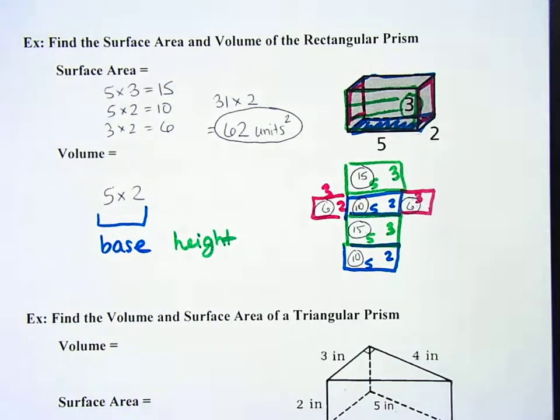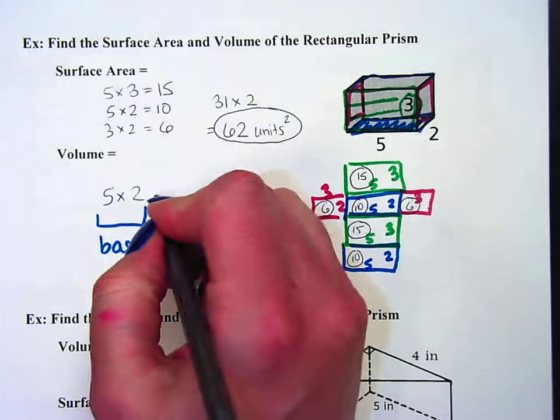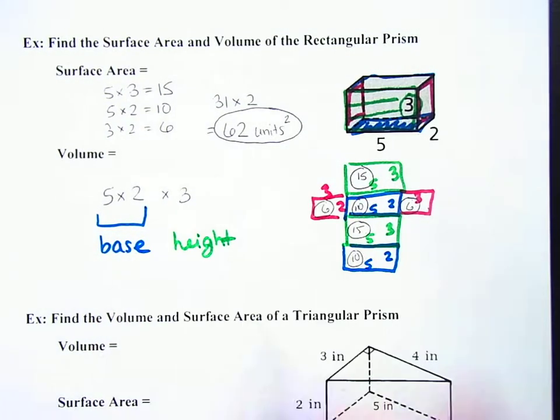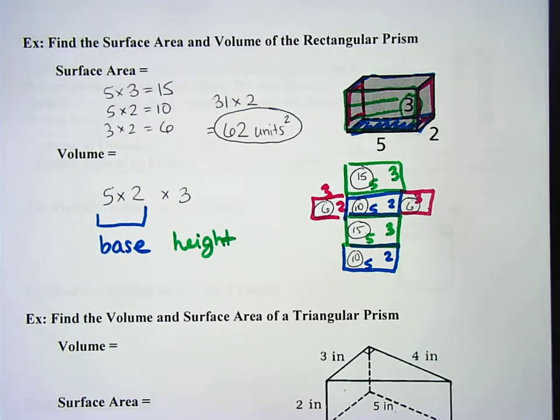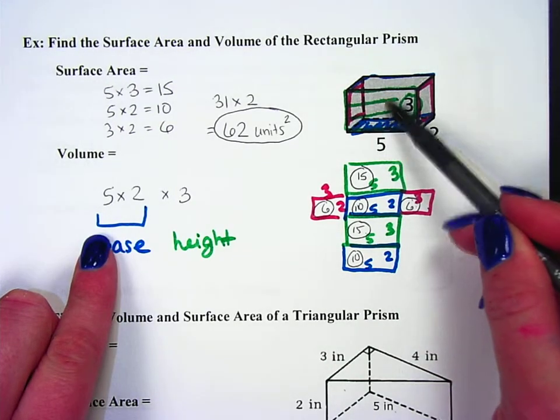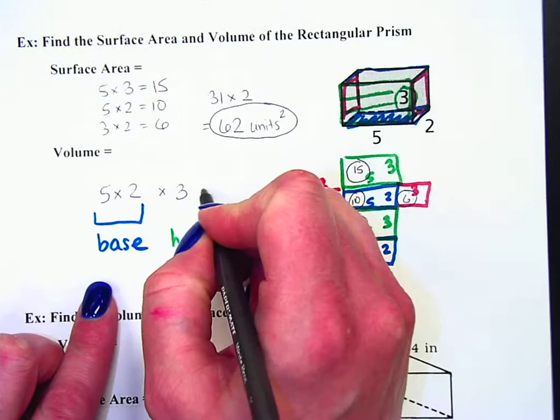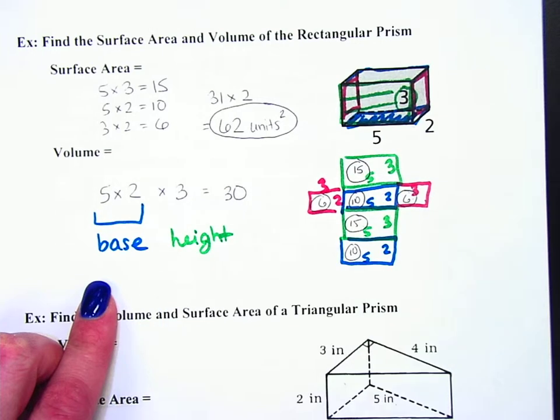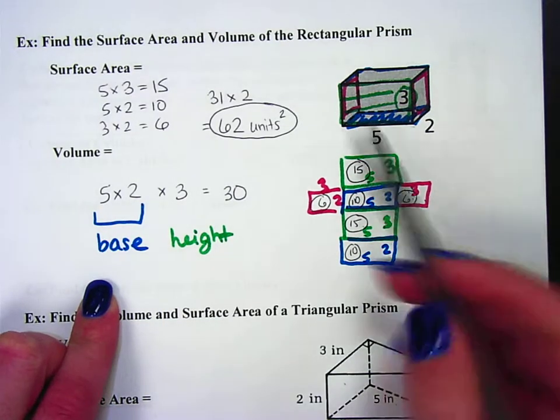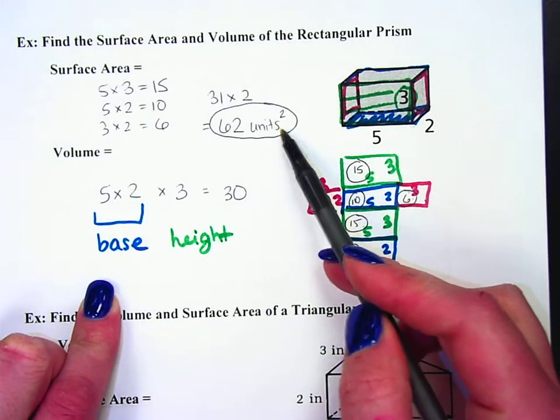I want my base times the height. In this example, my rectangle was 5 times 2, and my height was 3 blocks high. So if we have 10 blocks and they're stacked 3 high, that should give us a volume of 30 blocks that would fit inside.